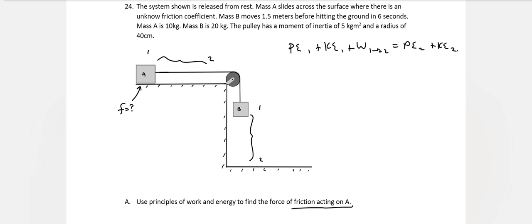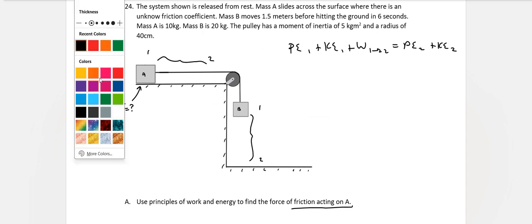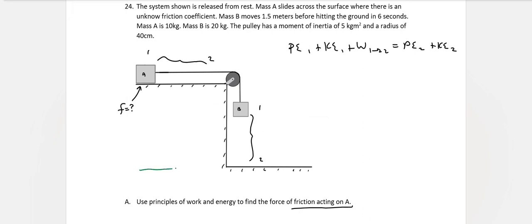Okay. Now let's chat about this. I would probably put a datum at the ground. Now that means that mass B has a potential energy, so you're going to have to take that into account. Now mass A and the pulley have potential energies as well, but they're not changing.